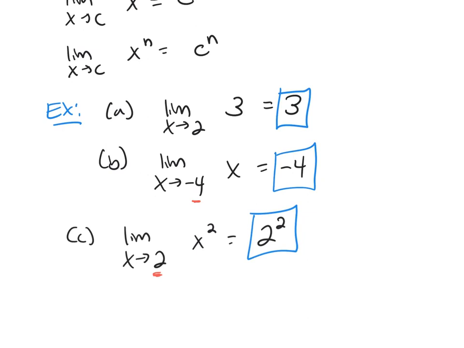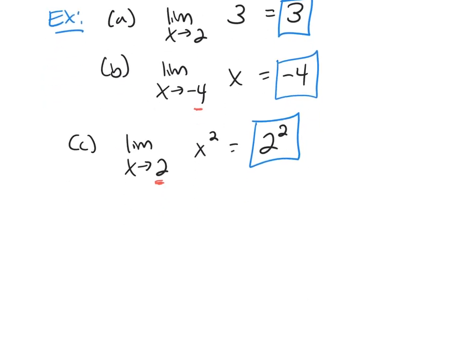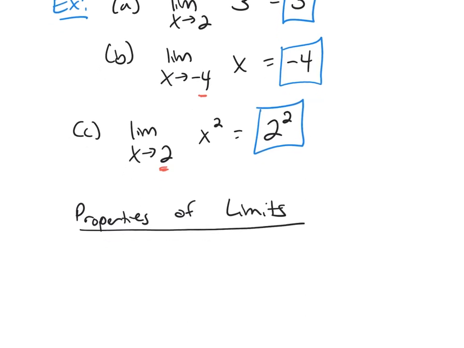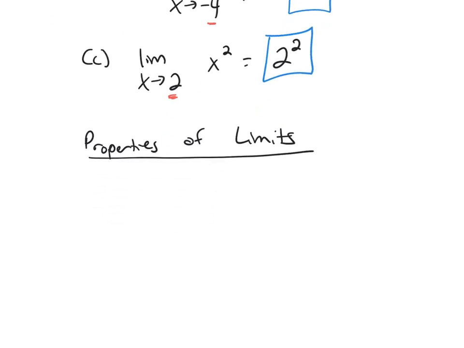All right, so the next thing we're going to talk about is some properties of limits. Your book has a really nice boxed-in list of properties, and I'm going to try to write them all here so we can see them.